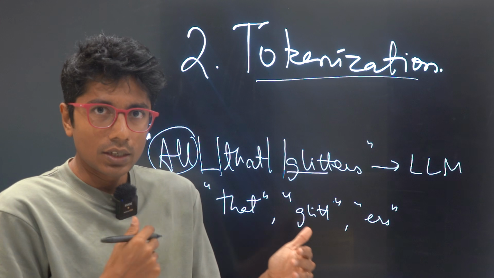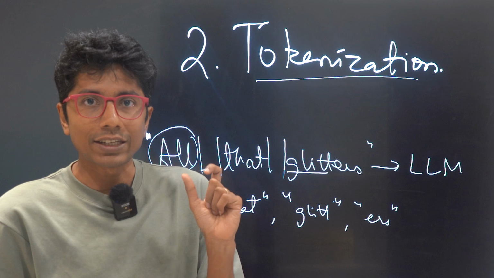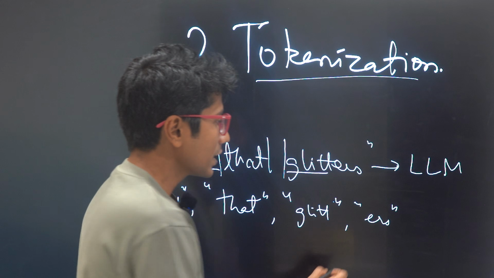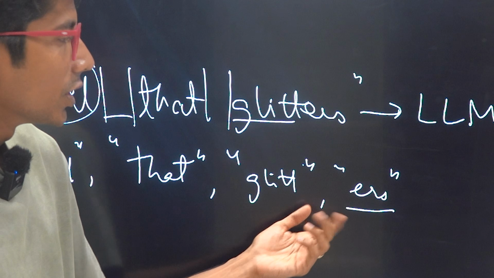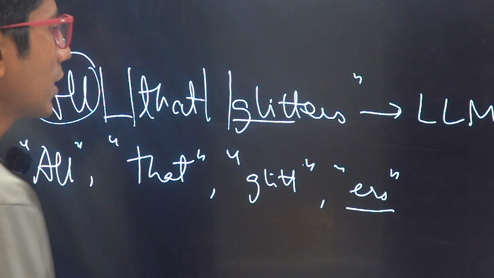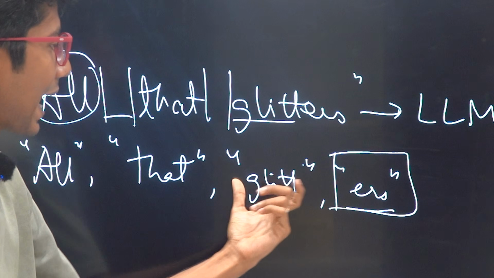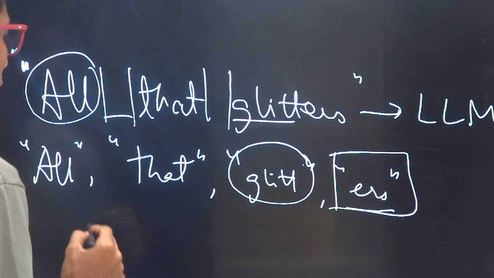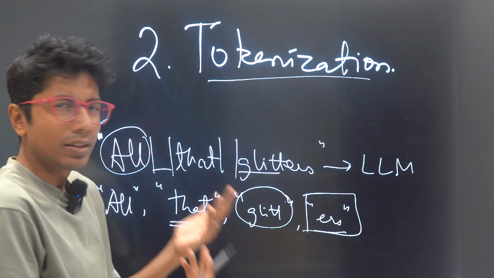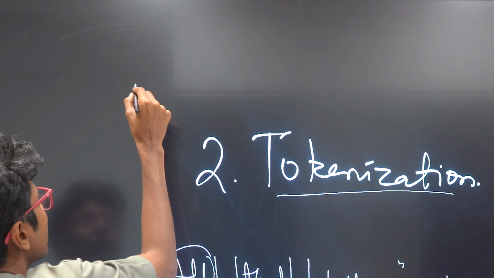Humans don't talk like that. We are, after all, trying to process natural language. So "ers" is a common term. Shimmers, murmurs, flickers, these are terms which have the suffix of "ers," which means that the action of "glit" is being performed by that object. Another example of this is "ing."